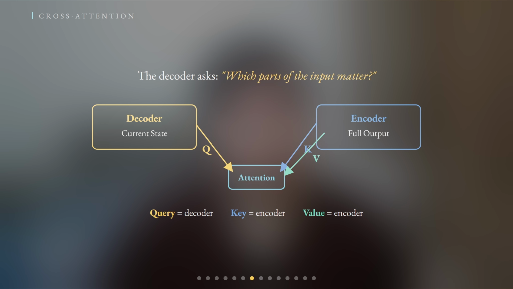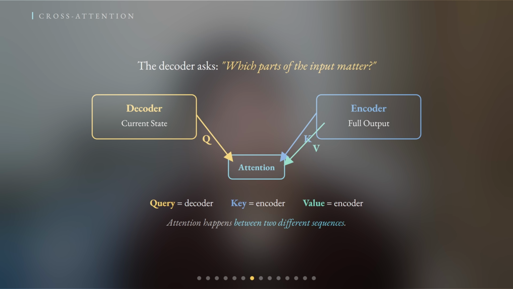The encoder provides keys and values. Attention scores are computed between decoder queries and the encoder keys. Those scores determine how much of each encoder value to retrieve. This is why it is called cross-attention. It crosses the boundaries between two sequences. The decoder sequence and the encoder sequence interact through this mechanism.